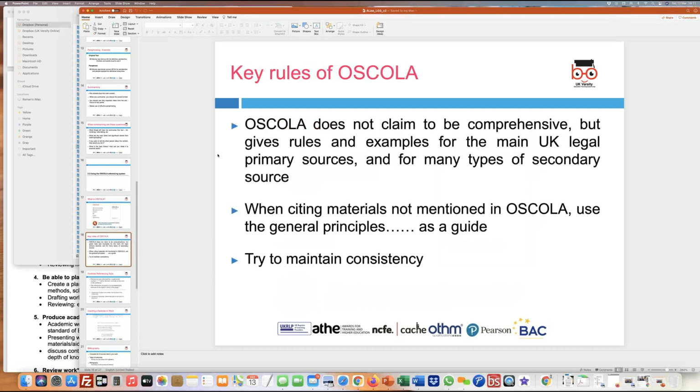This system is generally used in the legal context in the UK, when we bring primary sources and different types of secondary sources to our cases, or when we are preparing documentation to be presented in a court of law.